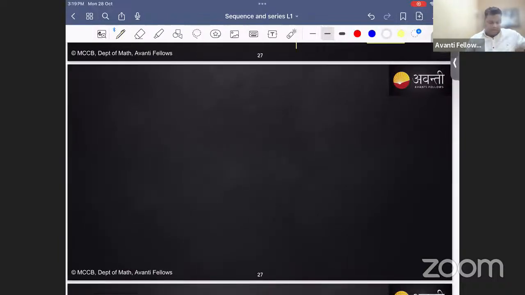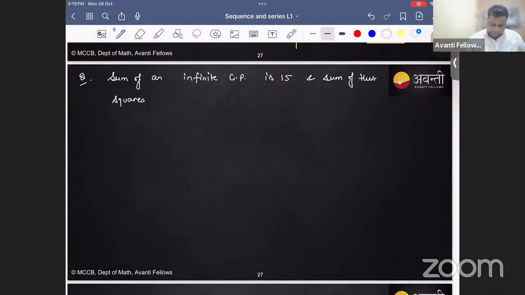Now, let's do the next question. The question is, the sum of an infinite GP is 15 and the sum of their squares is 45.